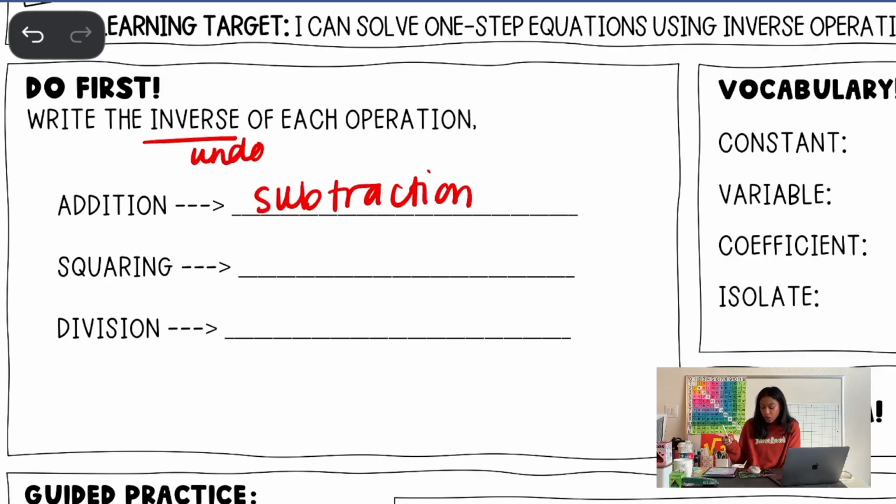And the inverse of squaring is called taking the square root. When we square a number and then we take the square root, we get back to our original value. And then we have division. Division is like repeated subtraction, and its inverse is multiplication. I know you got that.